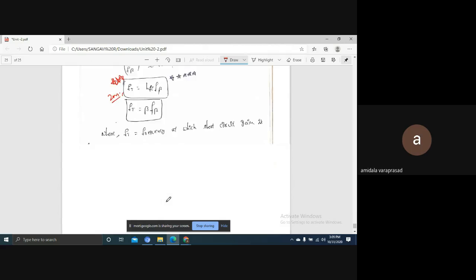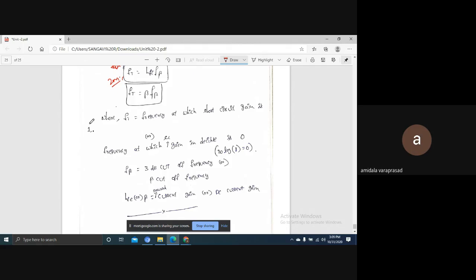Here ft is the frequency at which the short circuit current gain is 1, or the frequency at which the short circuit gain in decibels is 0. f beta is the 3 dB cutoff frequency, or beta cutoff frequency. hfe and beta are the forward current gain, or DC current gain.